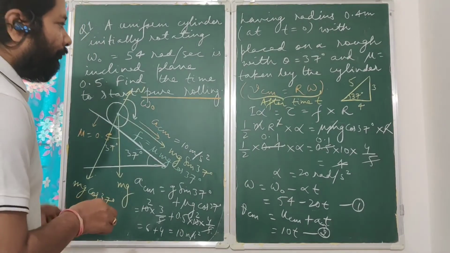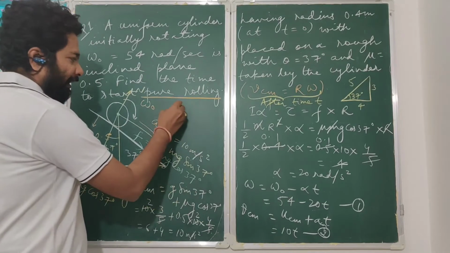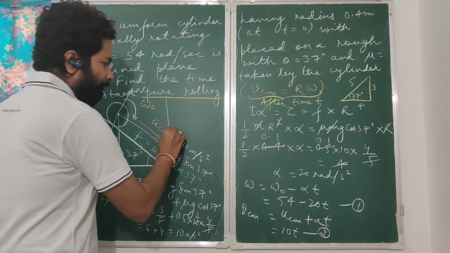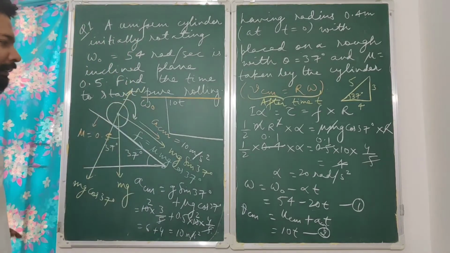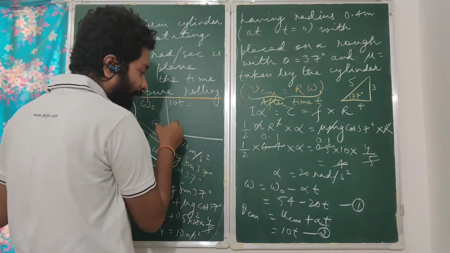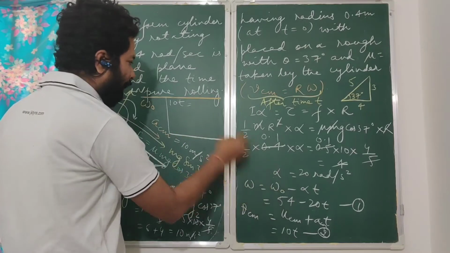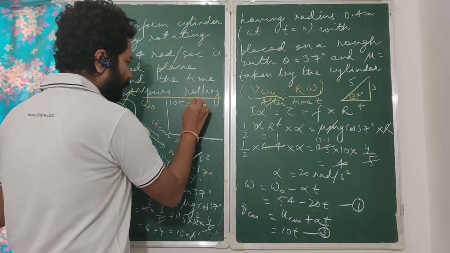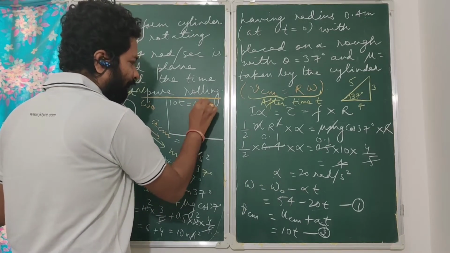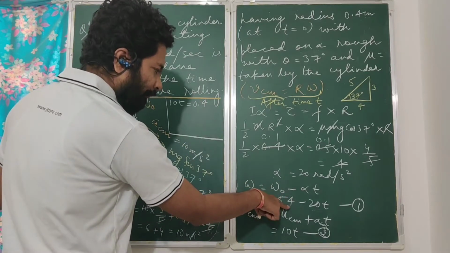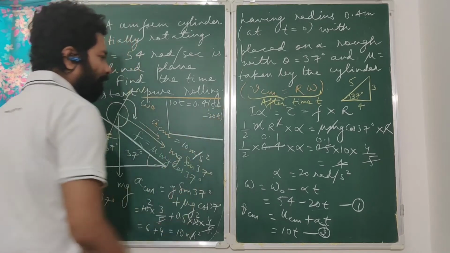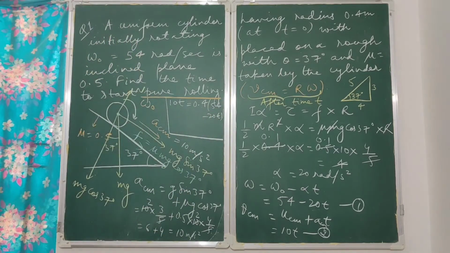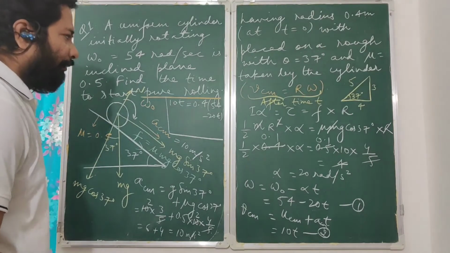So we can write this as 10t equal to r, which is 0.4, into omega. So 0.4 into 54 minus 20t. So now we have to solve it from here and get the value of t. So let us try to do that.